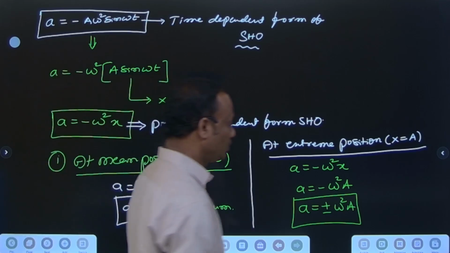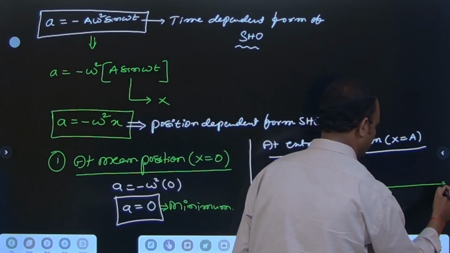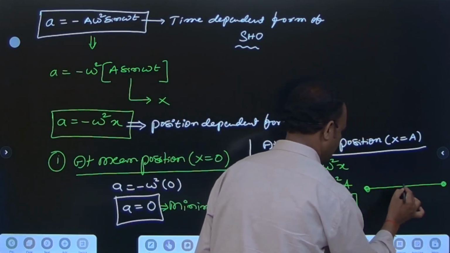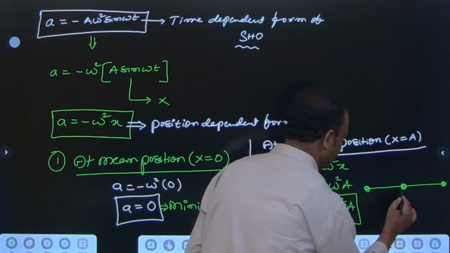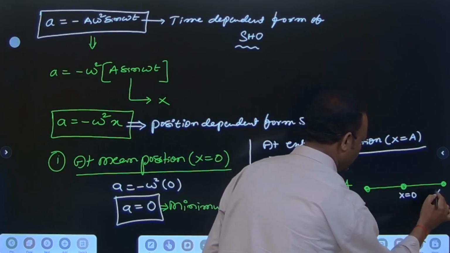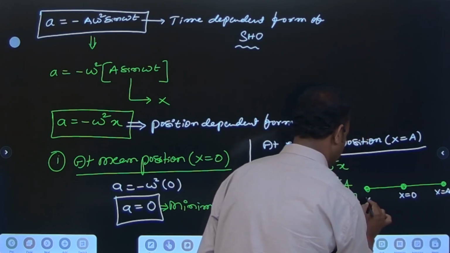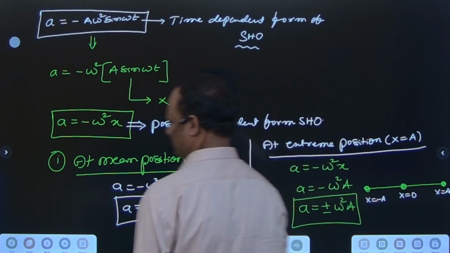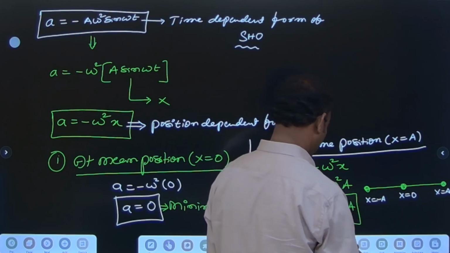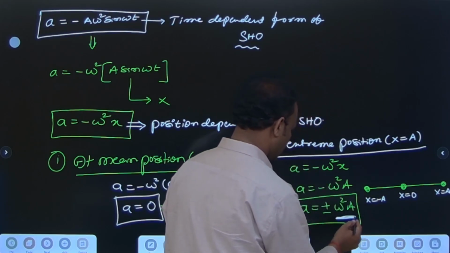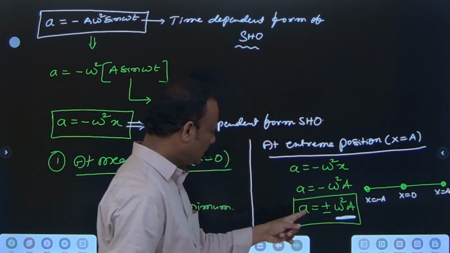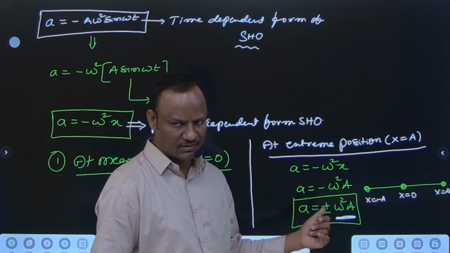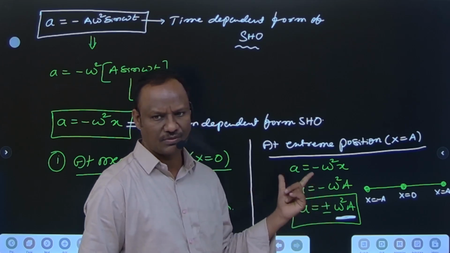Maximum one. Sir, how do you take? This is the linear oscillation, for example. So x is equal to 0, x is equal to A, x is equal to minus A. This is plus or minus omega square A. Minus means left side, plus means right side.